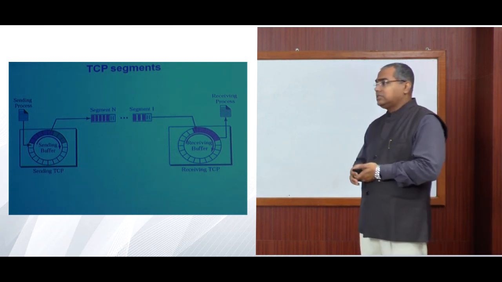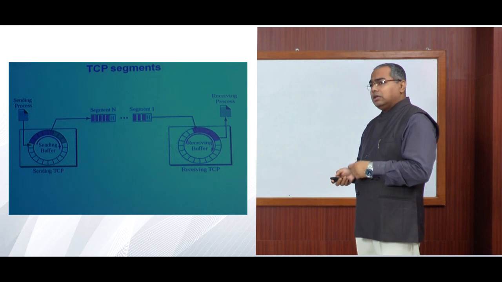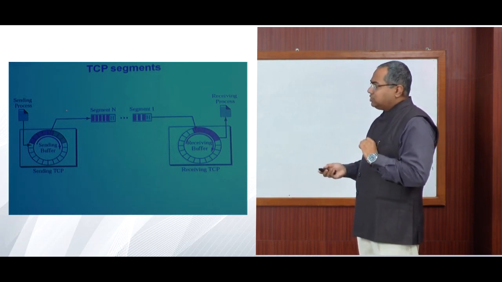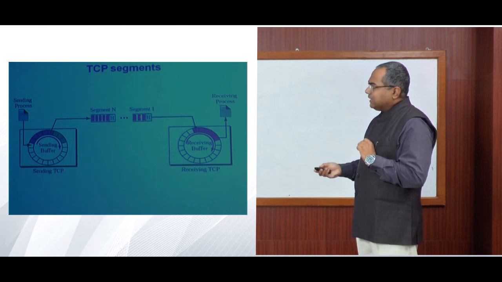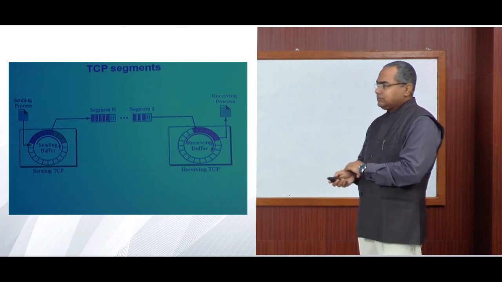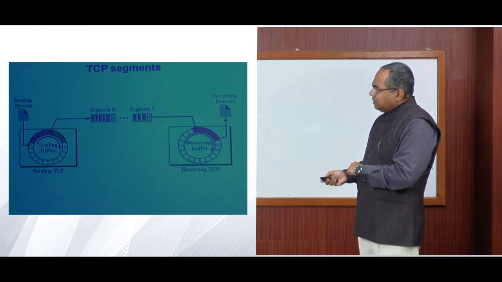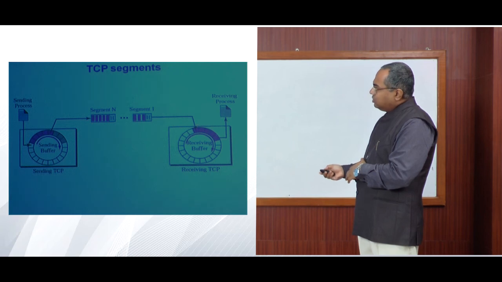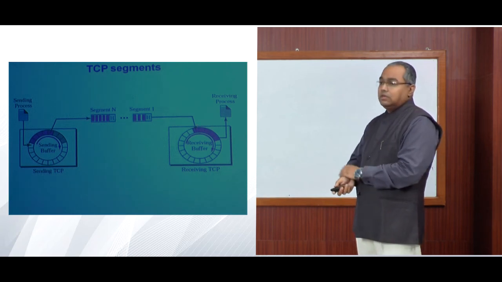How does it create it? One of the properties used is making the segments numbered. As you can see here, this sending buffer will send the segments in a numbered order to my receiving process.